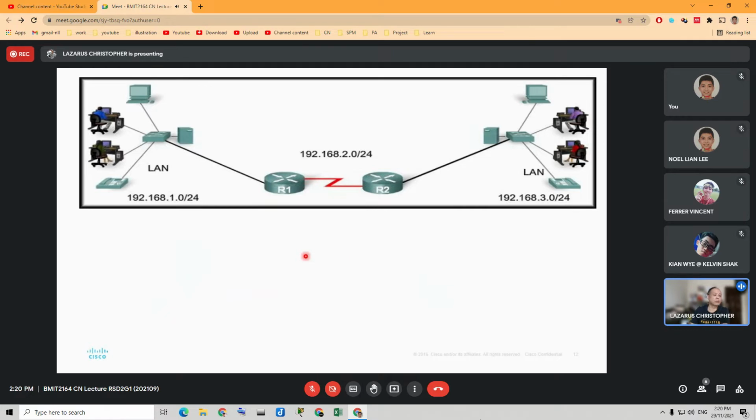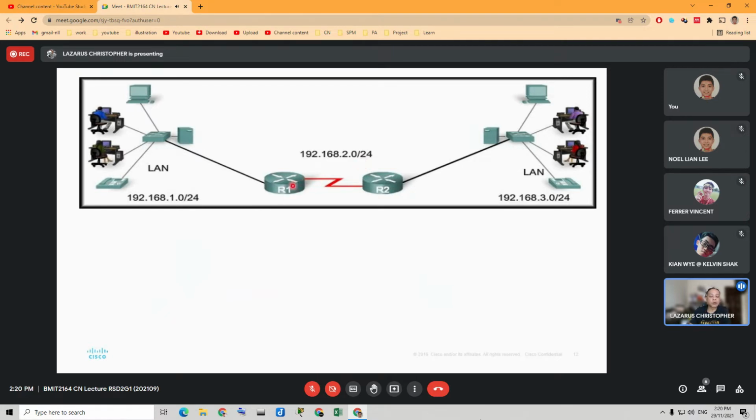So when you are configuring this, you will set the interface IP address there, and the interface IP address there. This interface IP address will be the gateway for these hosts, correct? And this IP address should be part of this network, and this IP address should be part of this network, correct?